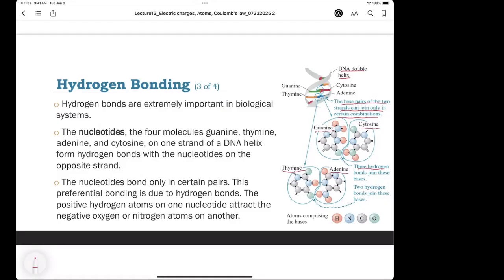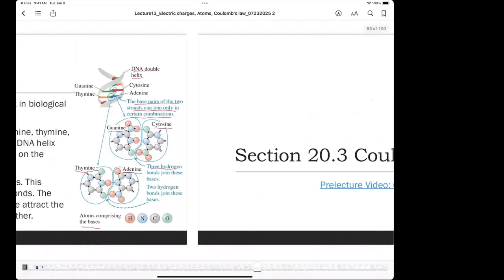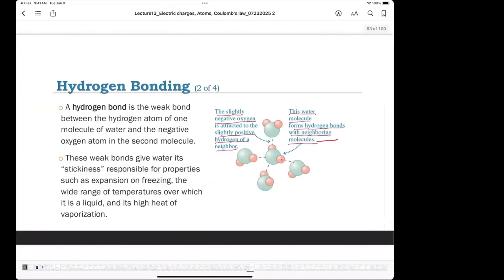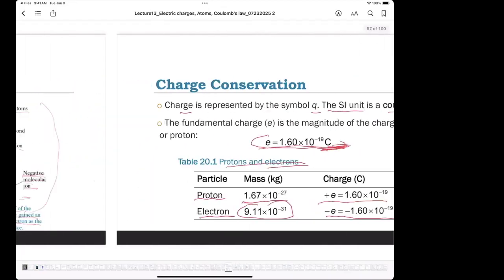This means hydrogen bonding is the basic physical bonding for many biological systems. Okay.